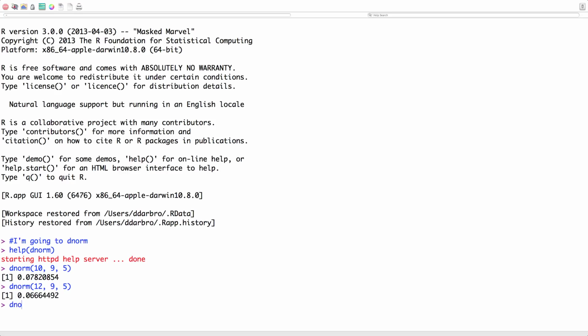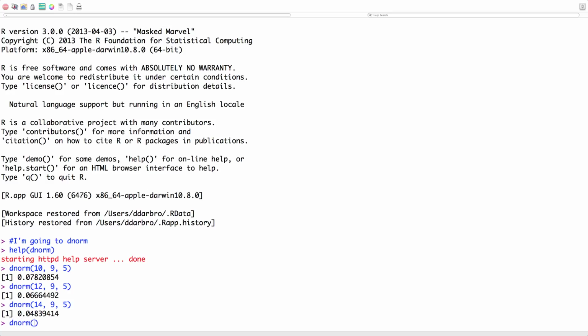And of course now I want to do 14 with a mean of 9, standard deviation of 5. So in this case I get 0.0484. All right, next thing I want to do is the same thing for 13.